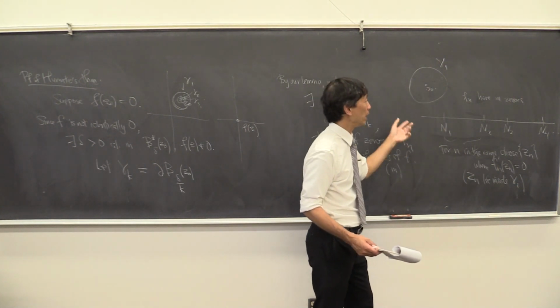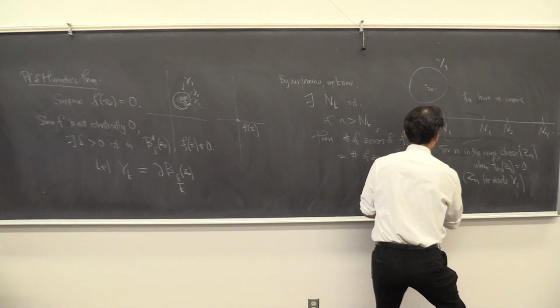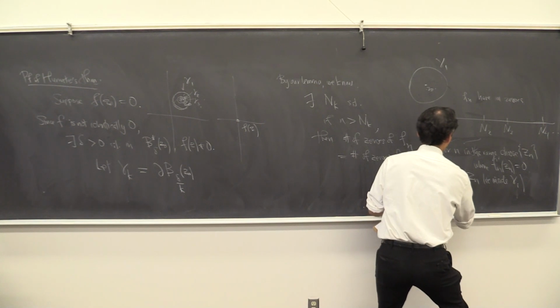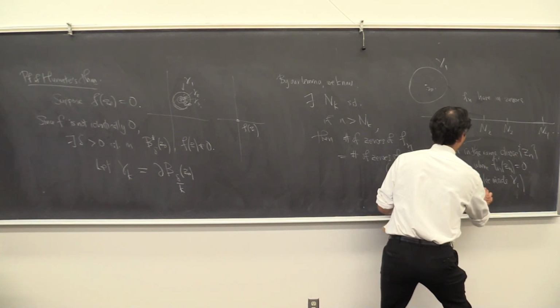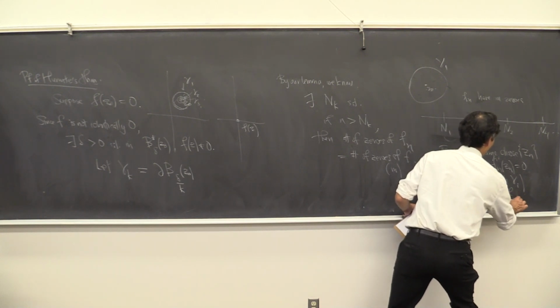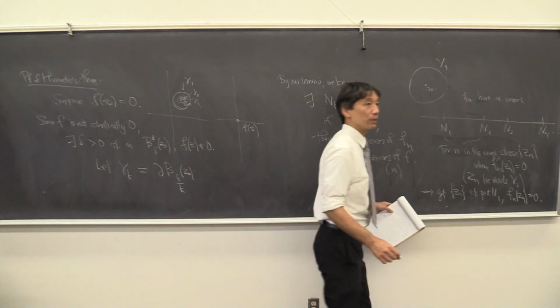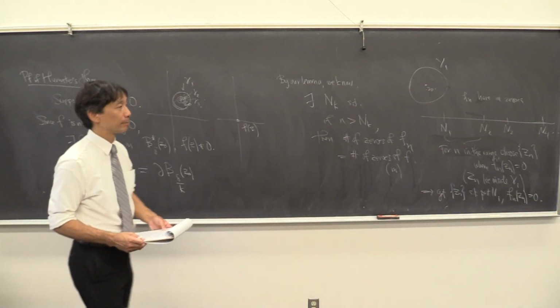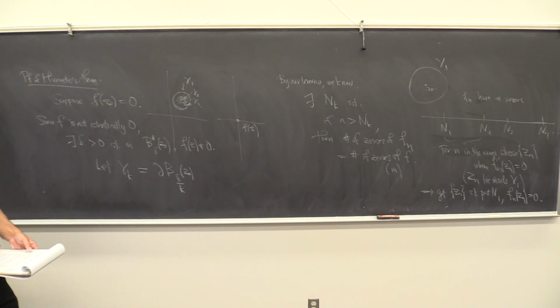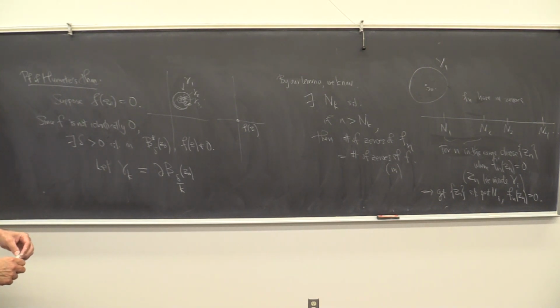And so we end up with a sequence z sub n such that past n1, f sub n of z sub n is always 0. Okay.